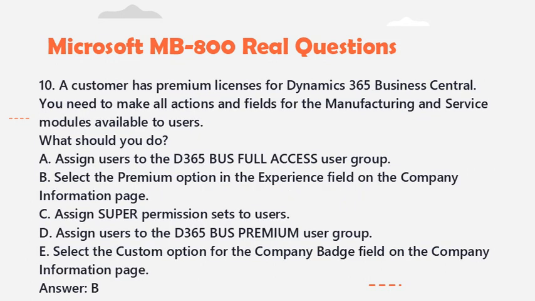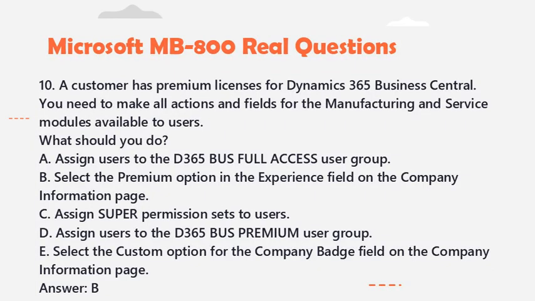10. A customer has premium licenses for Dynamics 365 Business Central. You need to make all actions and fields for the manufacturing and service modules available to users. What should you do? A. Assign users to the D365 Bus Full Access User Group.